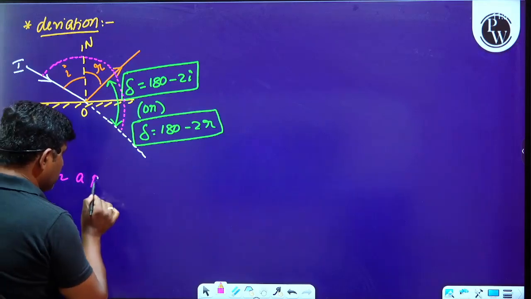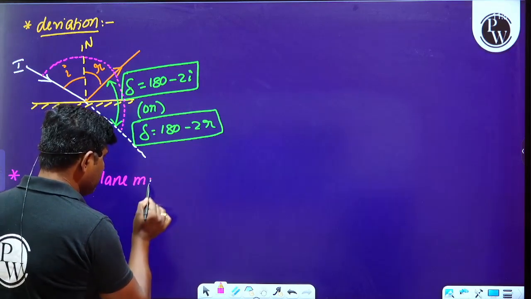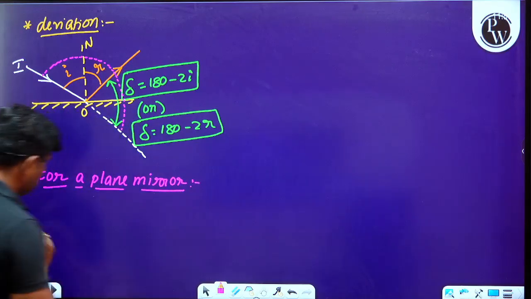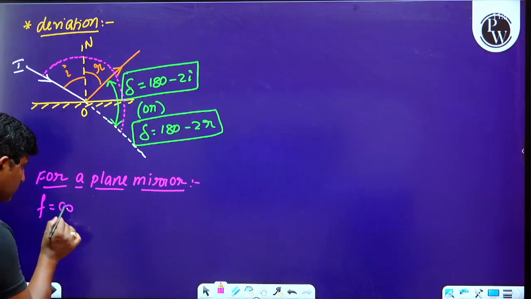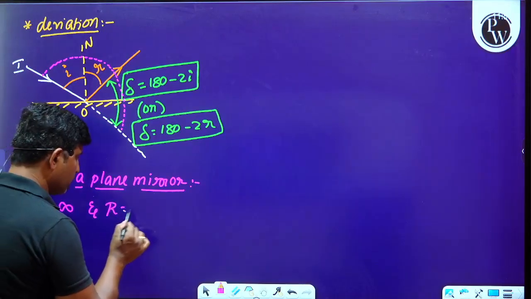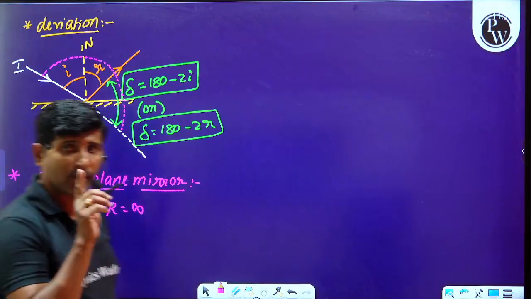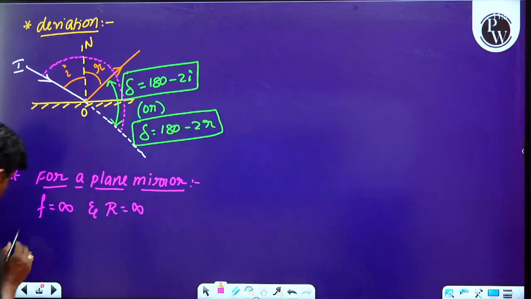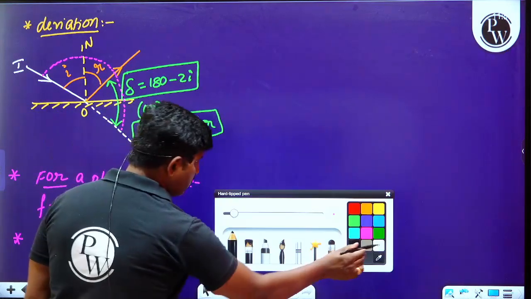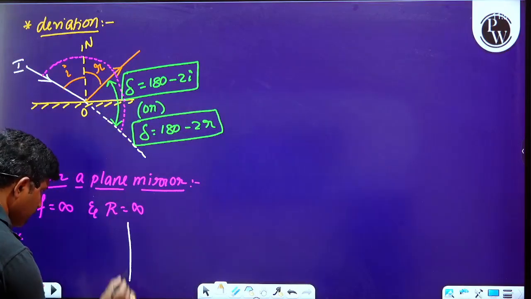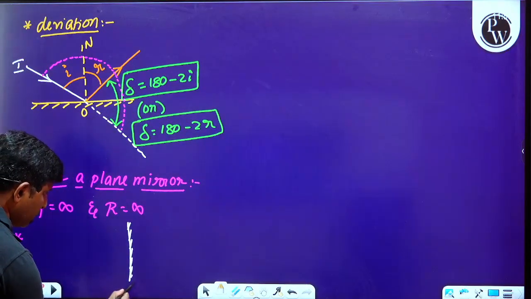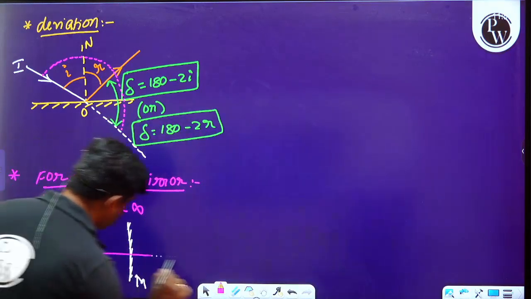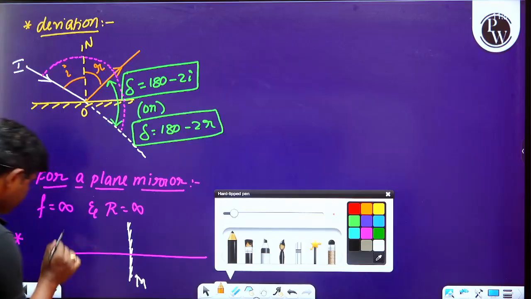For a plane mirror, focal length is said to be infinity, and radius of curvature is also infinity. Radius of curvature is infinity, hence focal length is also infinity. Whenever we consider a plane mirror, let us represent it as a capital M. Please look at the diagram carefully.